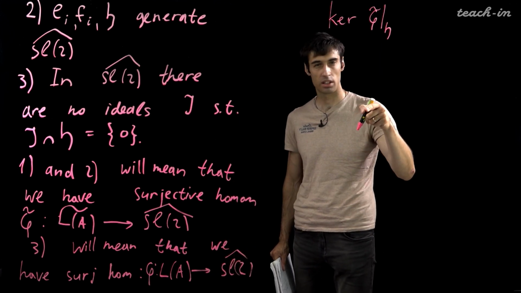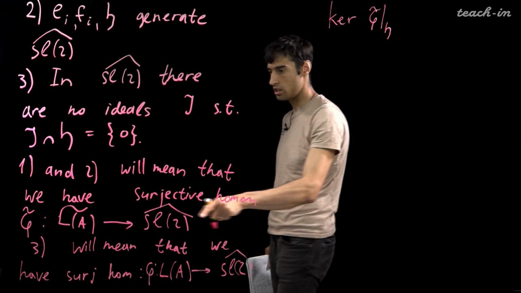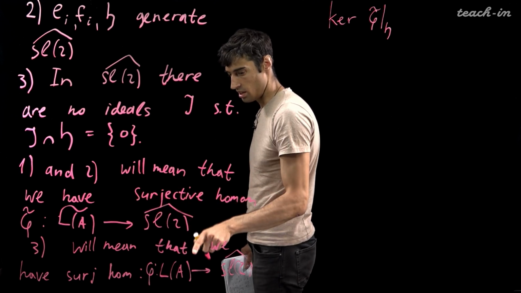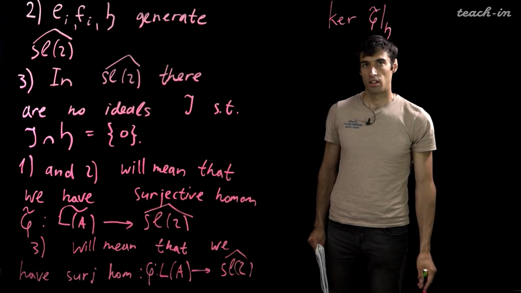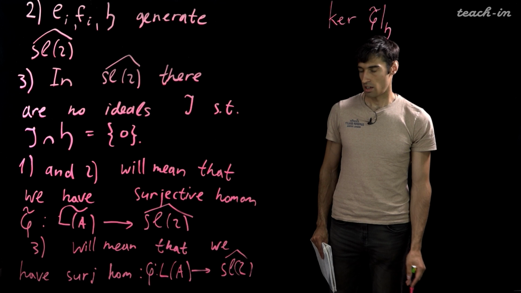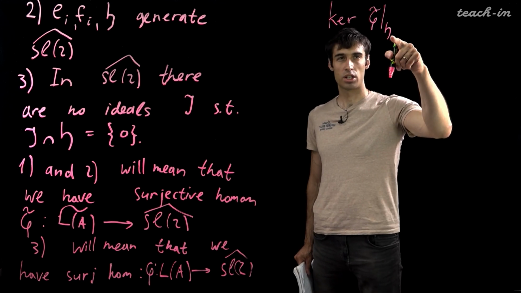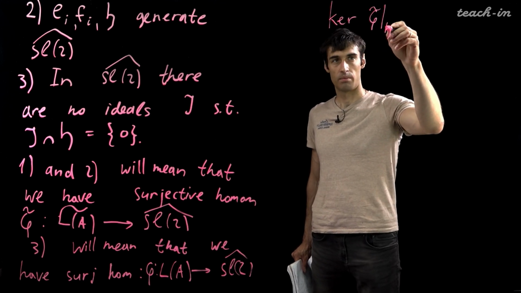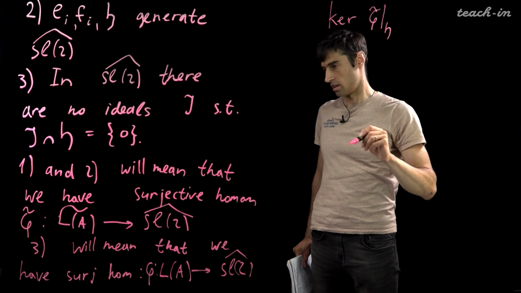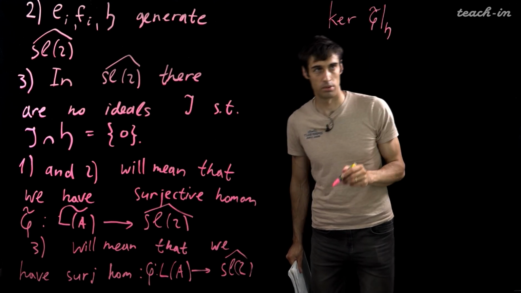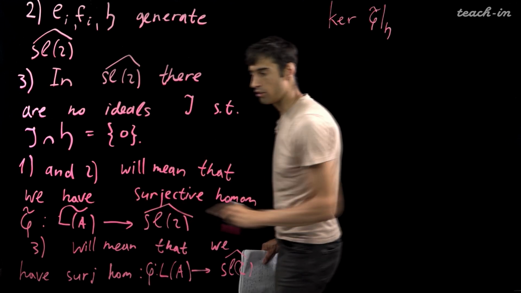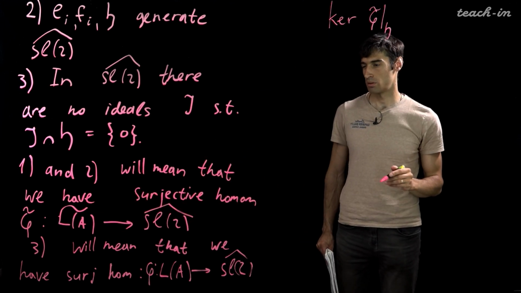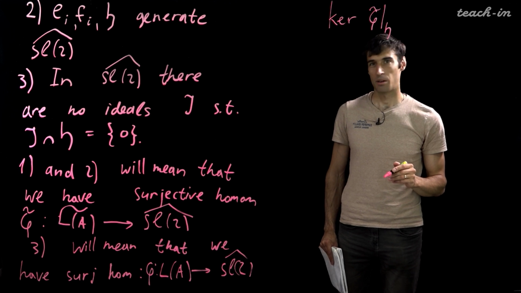I'm kind of abusing notation here, but H that we introduced as the generators in L of A. And also in the lectures we had H tilde, right? But again, I am double abusing notation. So this H is the H that lives in L of A tilde.